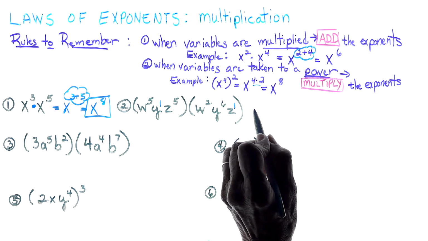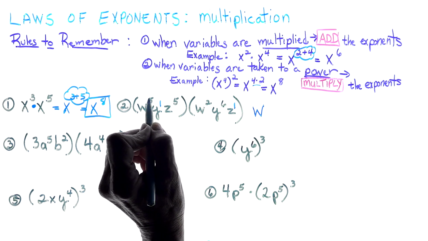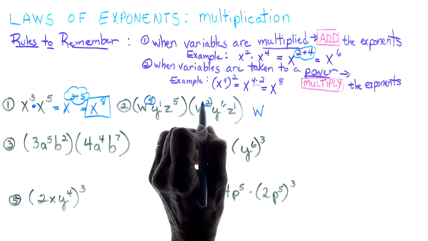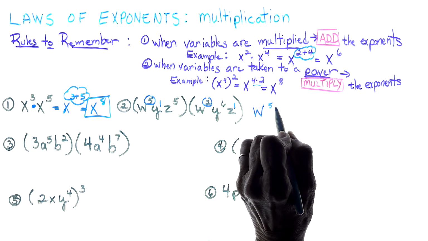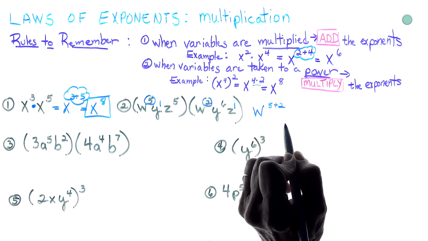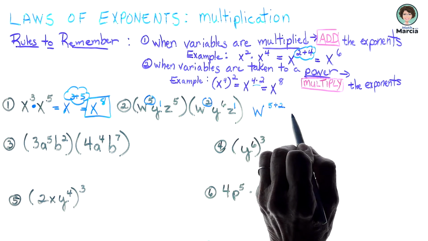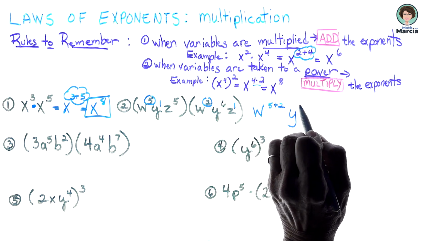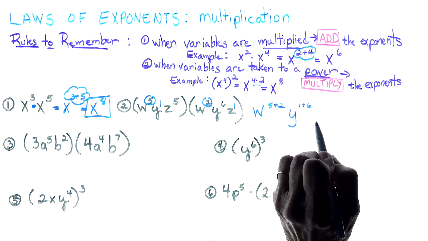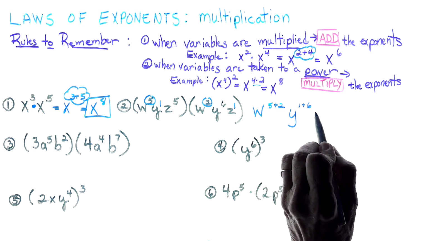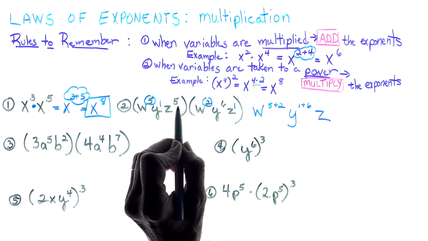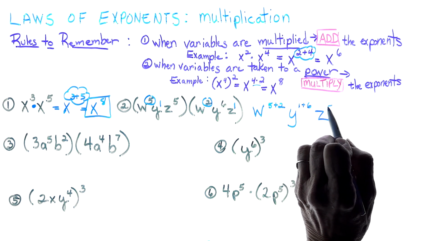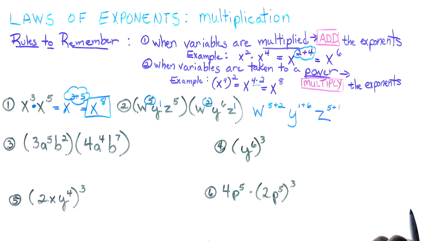So we're going to look at the w's. I see I have a 5 and I have a 2. So I know I'm going to say 5 plus 2. Let's go to the y's. I see I have a 1 and a 6, so it's 1 plus 6. And now for the z's, I see a 5 and a 1, so it's 5 plus 1.